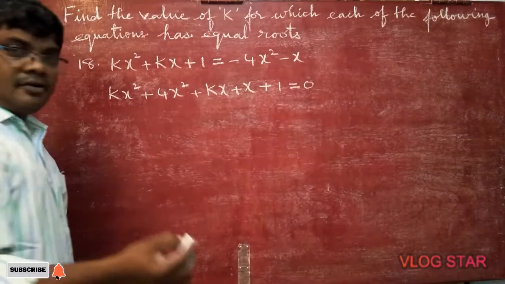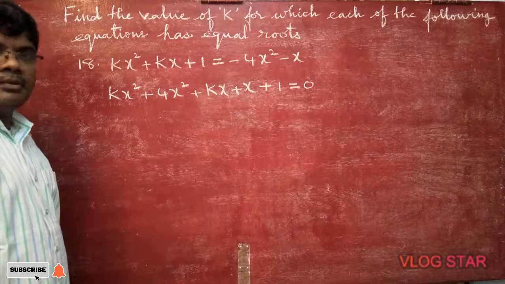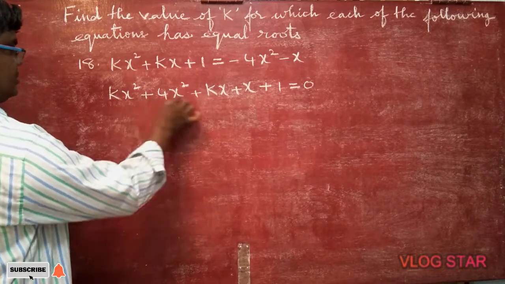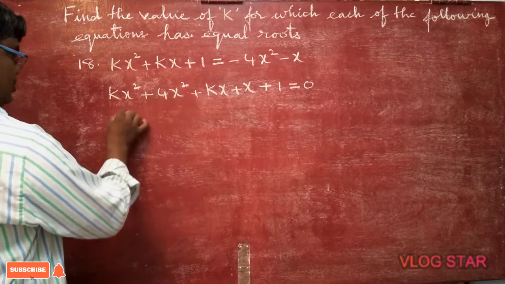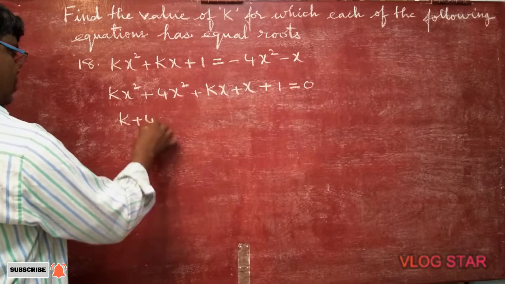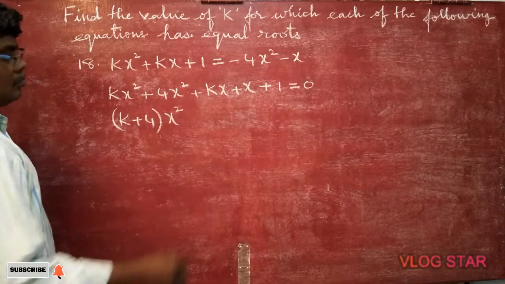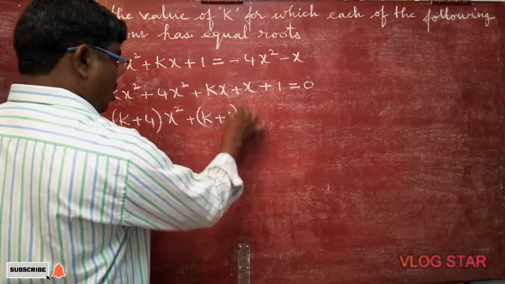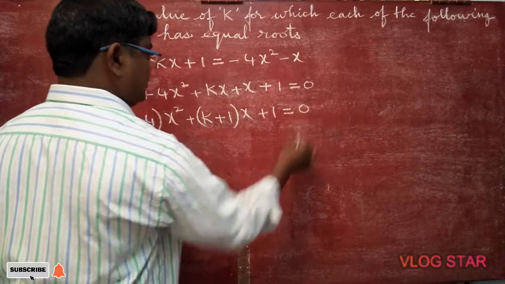It is not in order. We have to put it in order to solve this problem. Are you able to follow? Now, in the first two terms, x square, like terms. So, k plus 4 of x square plus k plus 1 of x plus 1 is equal to 0.